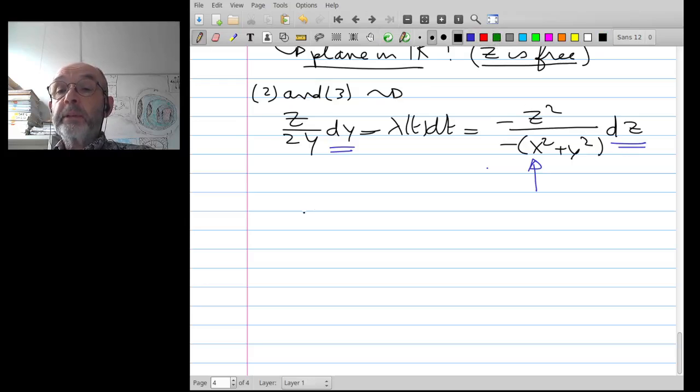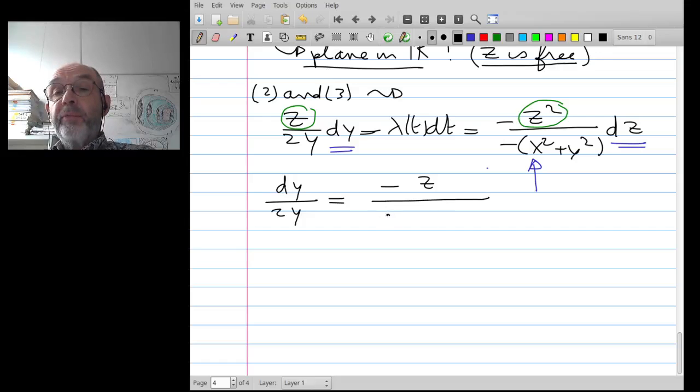Further on we have some z here and some z squared there, so we can divide out some z, and if we do that in a nice way, we get the following equation, that dy divided by 2y becomes equal to minus z divided by, and then fill in that x term, you get then cy squared, and so we have this here dz z.